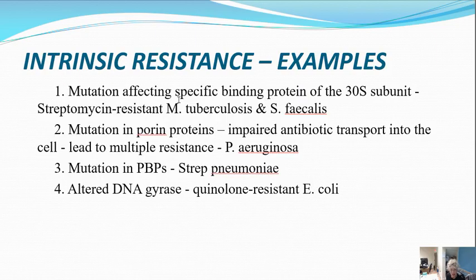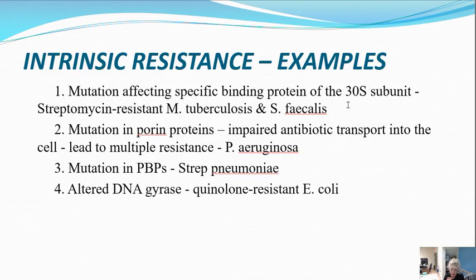Intrinsic resistance: mutation affecting a specific binding protein of the 30S ribosomal subunit, such as streptomycin-resistant M. tuberculosis and Streptococcus faecalis. This is one of the reasons streptomycin has been phased out as one of the drugs for TB.